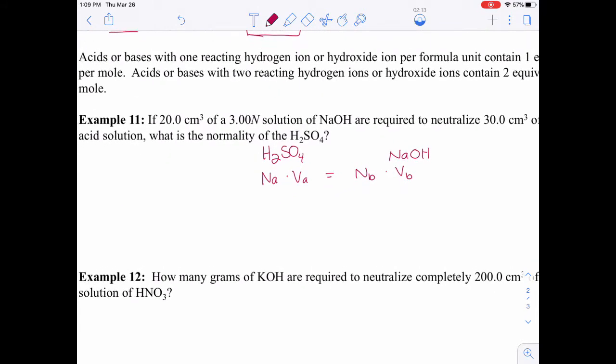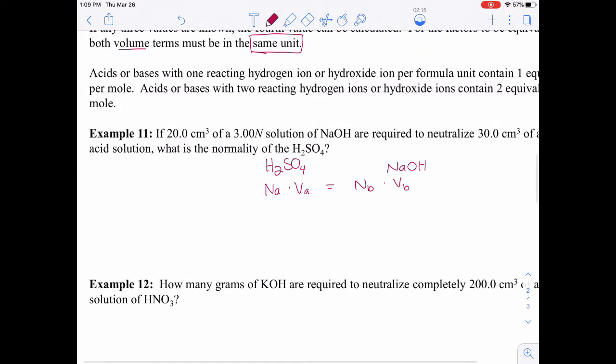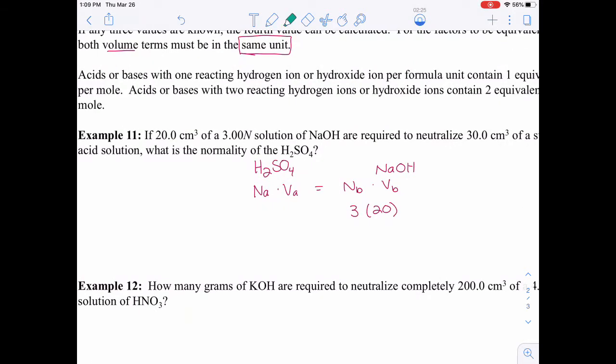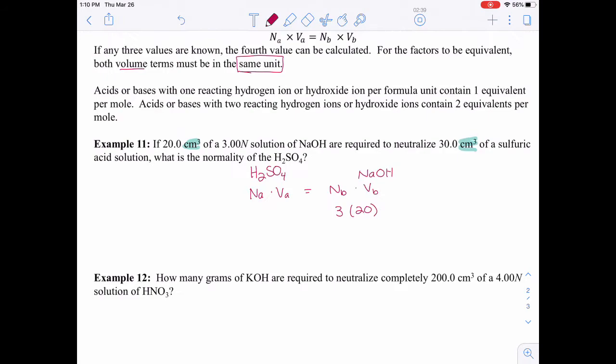We plug in everything that we know. We have a 3 normal solution of sodium hydroxide and 20 cubic centimeters of it. My volume units are the same, cubic centimeter, so I'm going to leave them as is. I do not need to worry about changing them to cubic decimeters because it will divide out anyway.